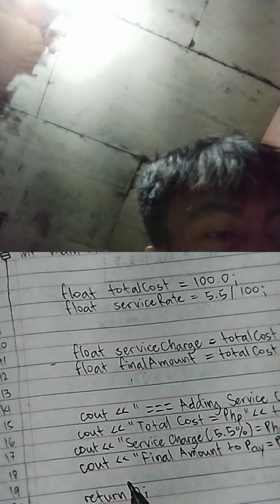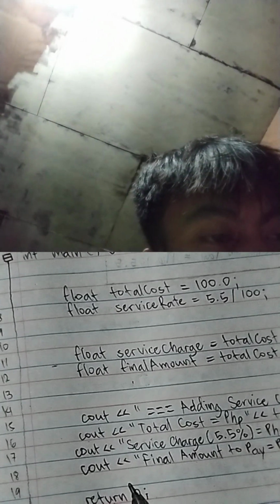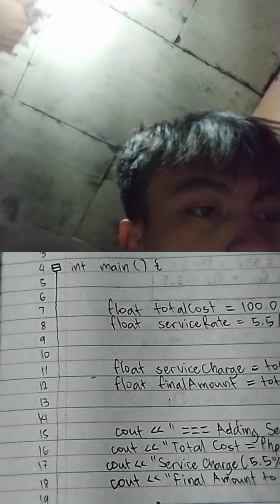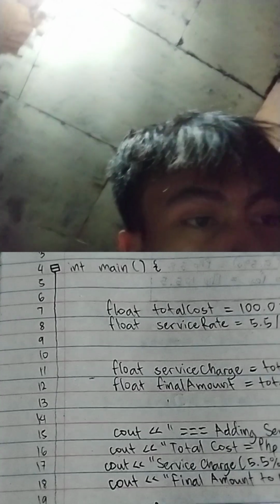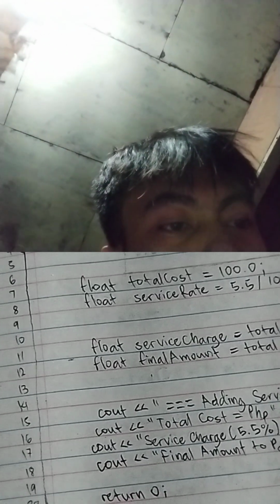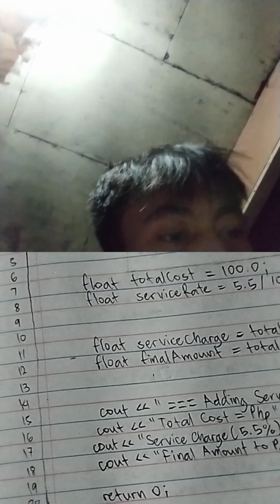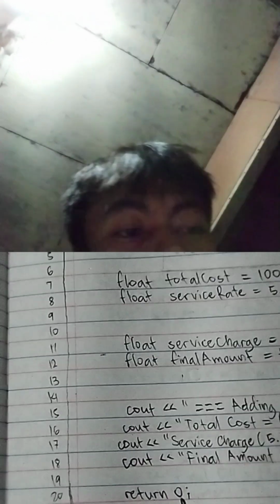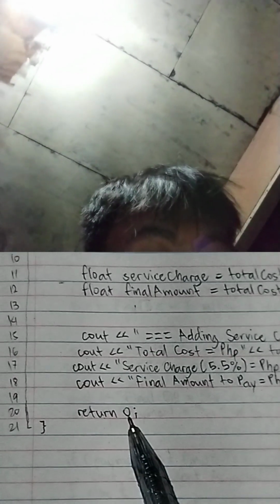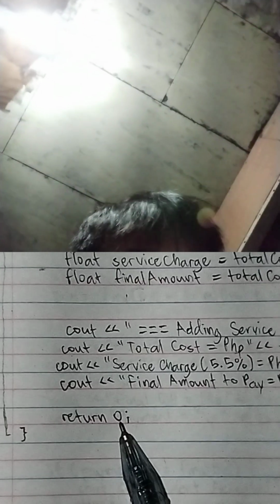And also I forgot to explain the return 0. This is the end of the program successfully. 0 means there is no error. So that is the final output.